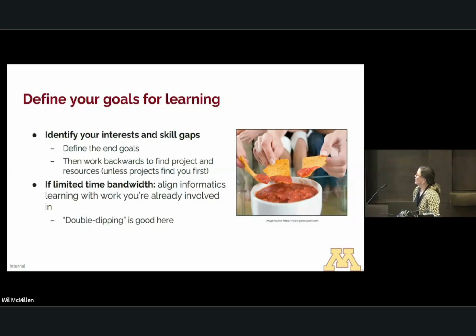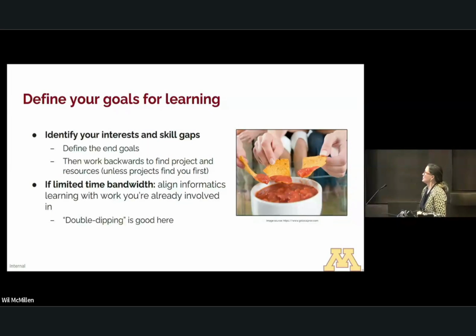And if you are making a goal, whether it's to get through a certain course, like the PEER course, or an online course, define what you want to get out of that at the end. Same goes for a project. And I think starting with your goals and then identifying a project or resource is more productive than starting the other way around and going to the resources first, because otherwise it can be kind of paralyzing.